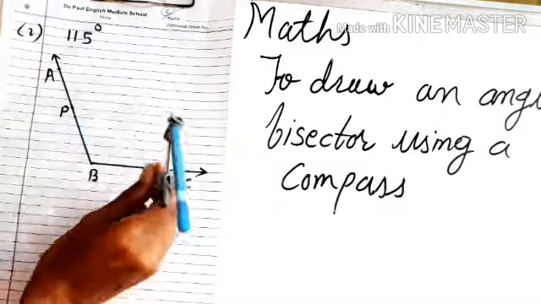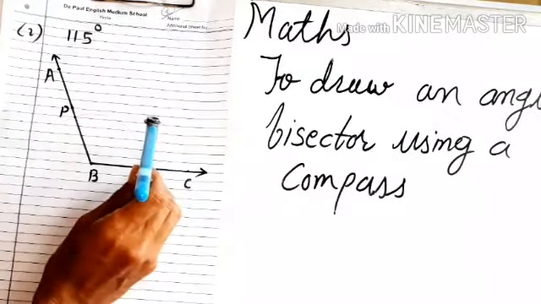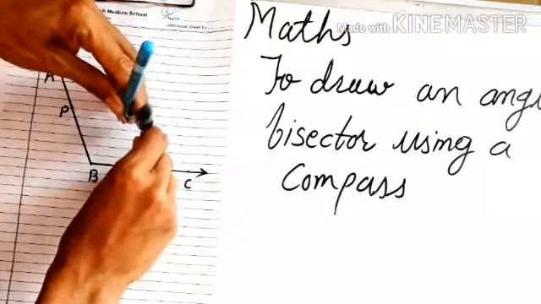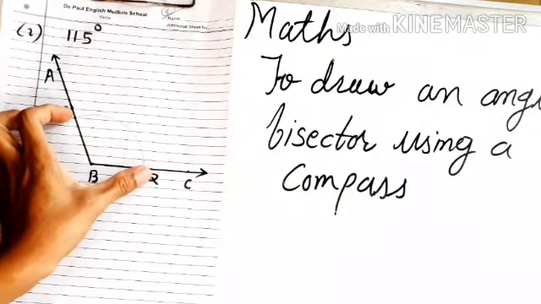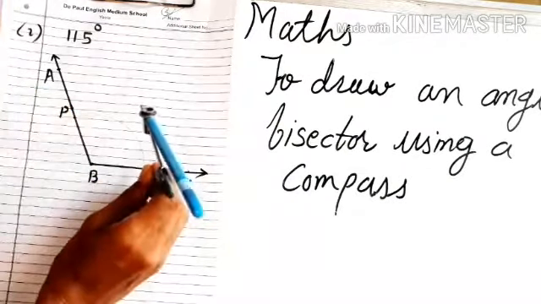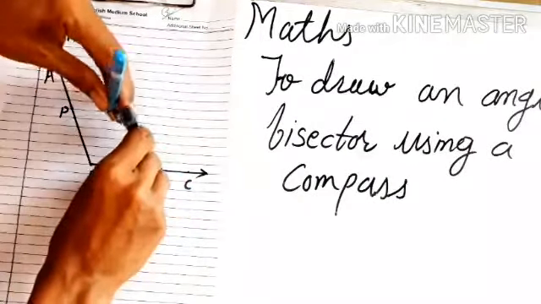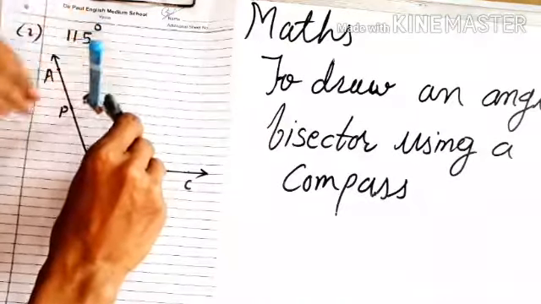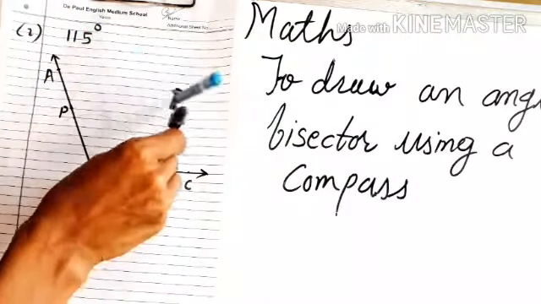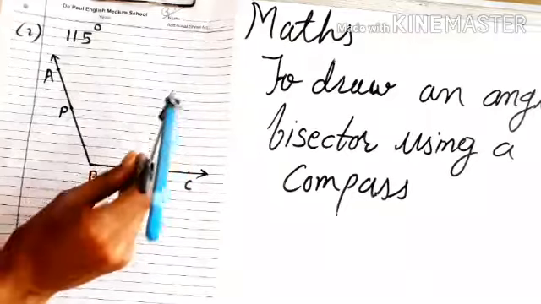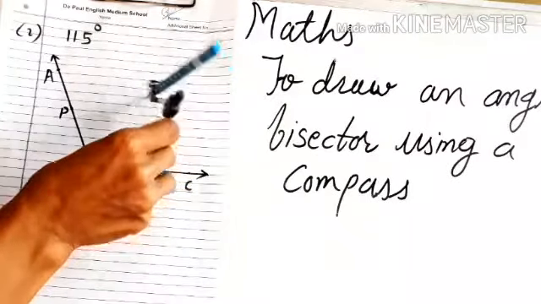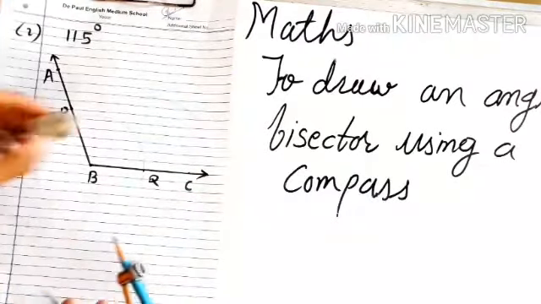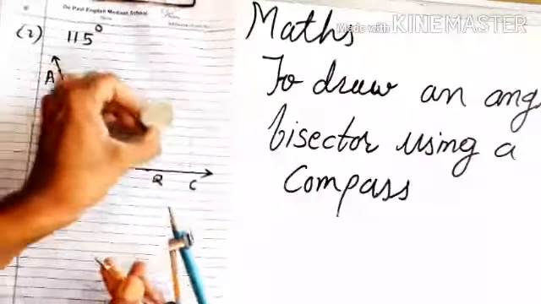If I take point Q first, take an approximate distance, more than half the distance of this arc PQ. So suppose I take the distance here and draw one arc inside the angle. The arc should not come two times, okay?